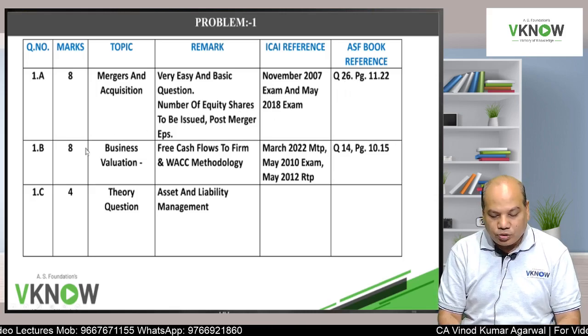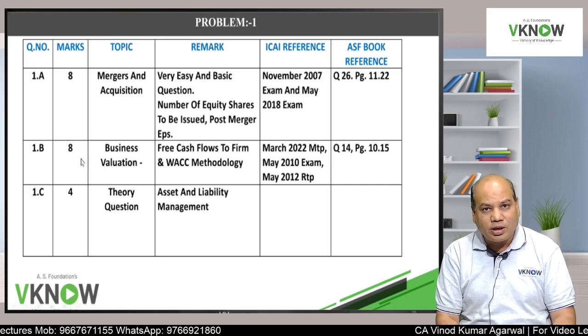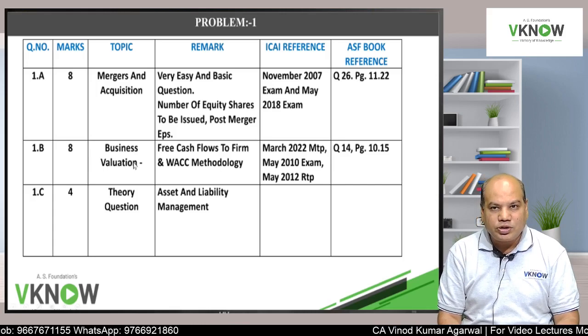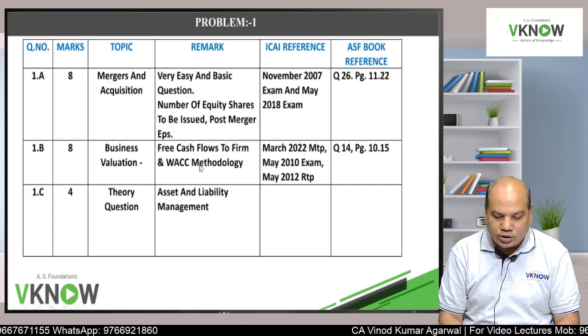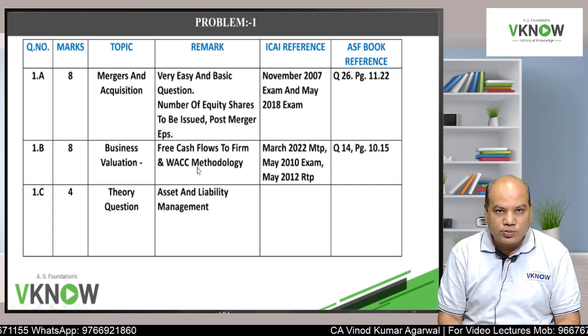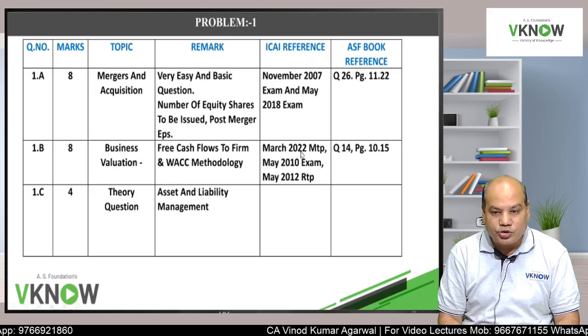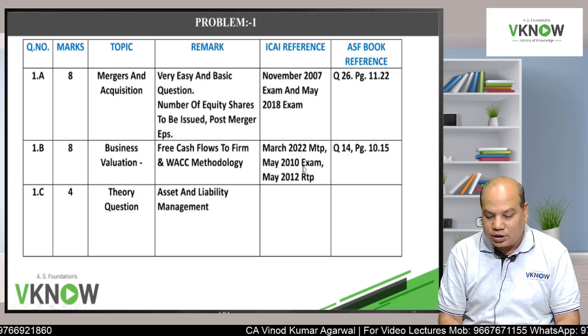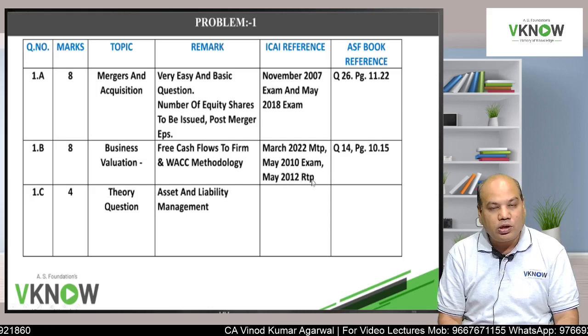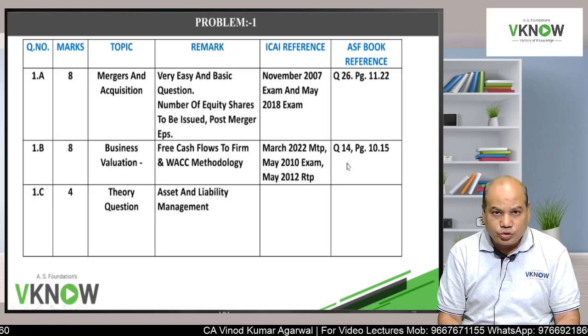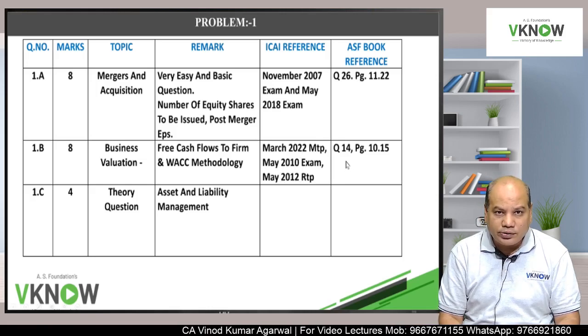You can check. Question 1B, 8 marks on business valuation. Again a question which is getting repeated in the last few years, based on free cash flow and WACC method. This question was given in March 22 MTP of the institute, May 2010 exam, May 2012 RTP, and we have solved the same question in our class.